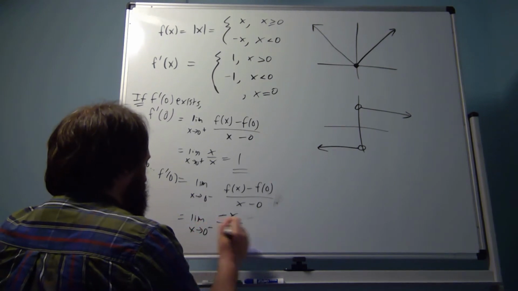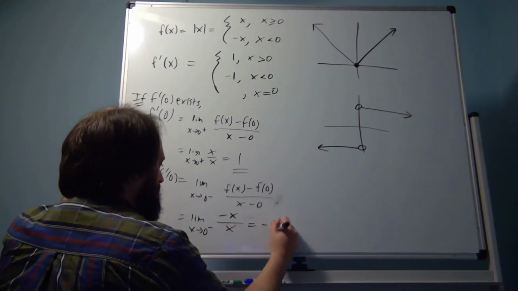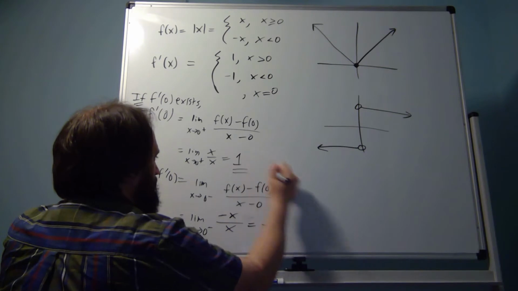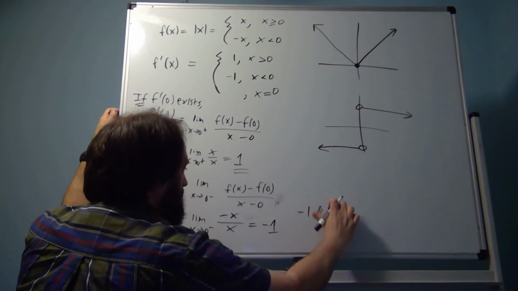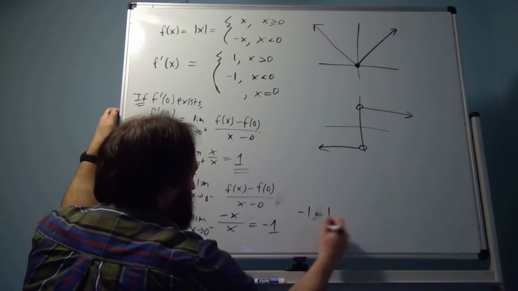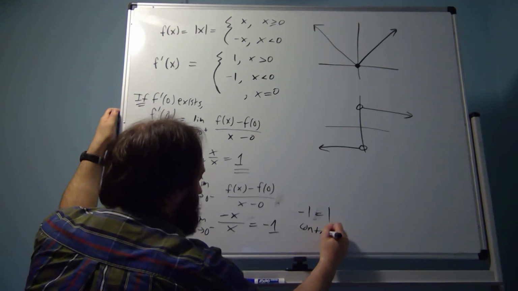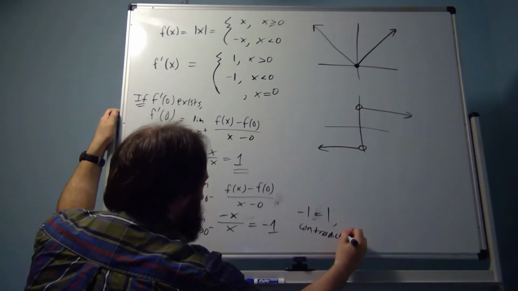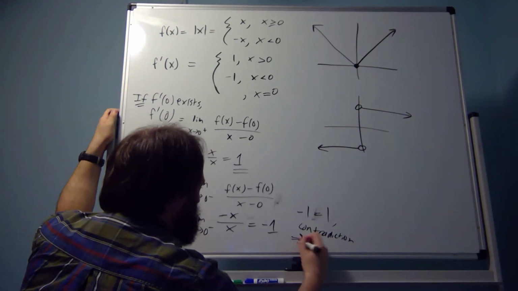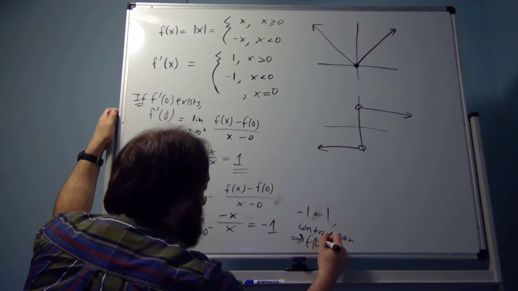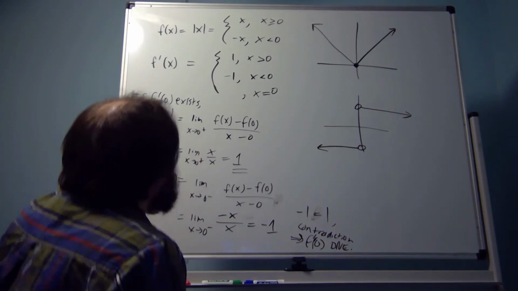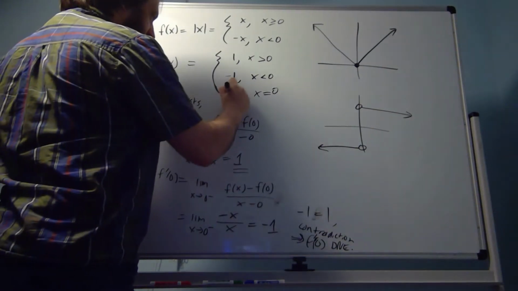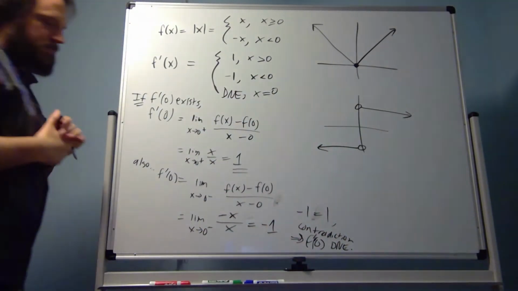The limit as x approaches 0 from the left is -1. So that's a contradiction. f prime of 0 therefore does not exist. So great, that's for starters.